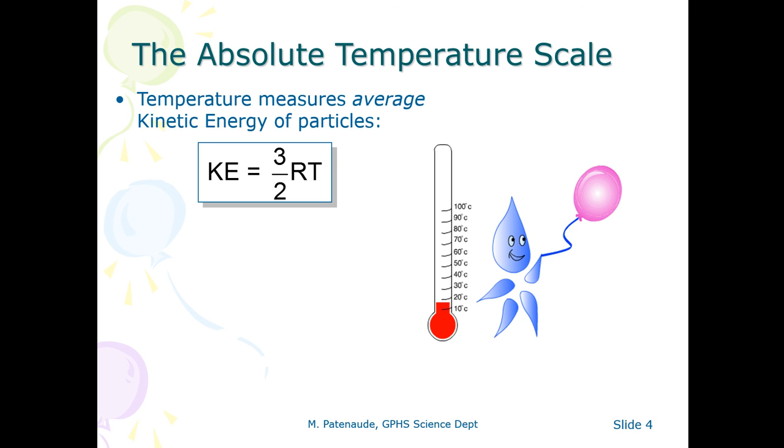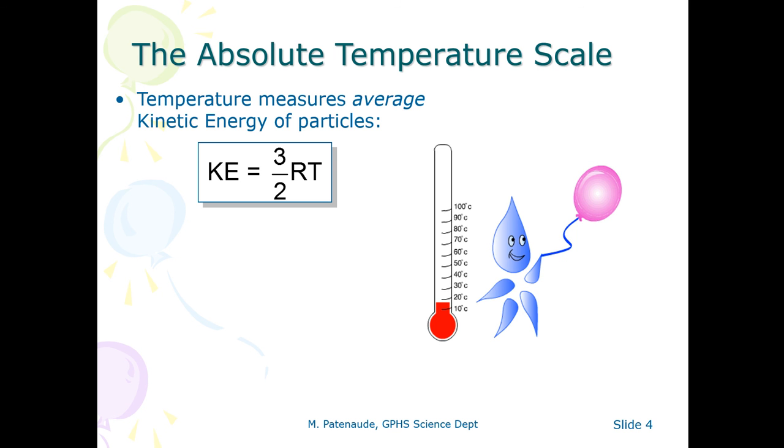The absolute temperature is a measurement of the kinetic energy of particles, of gas molecules and atoms. Kinetic energy is the energy of motion, the energy of movement. Anything that's moving has a velocity, has a kinetic energy. The faster it's moving, the more kinetic energy it has. So temperature is a measure of kinetic energy. Look at the equation.